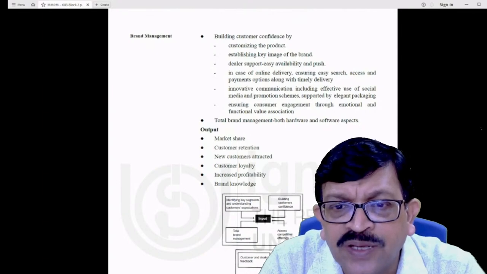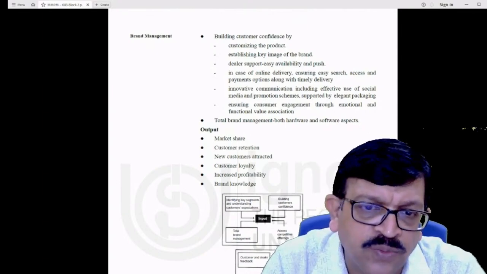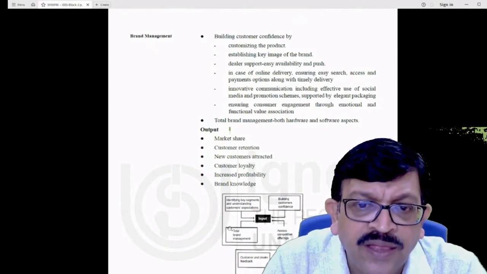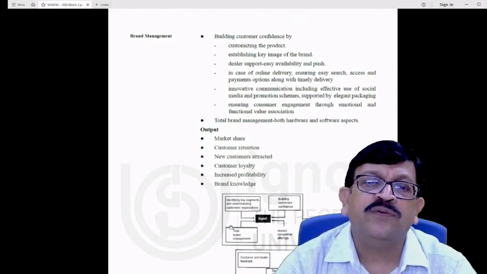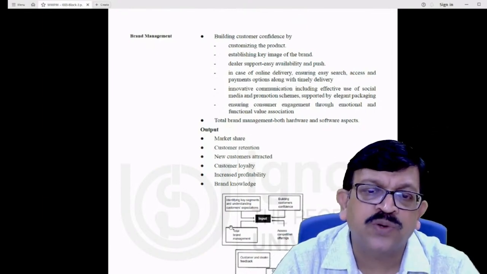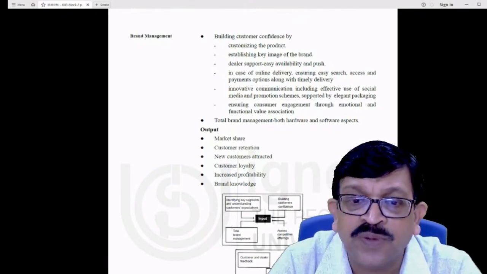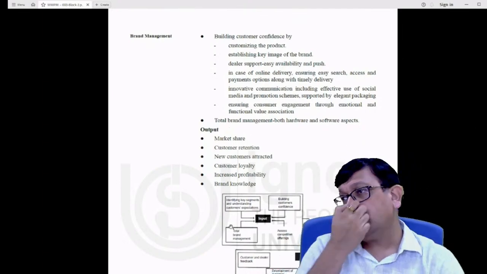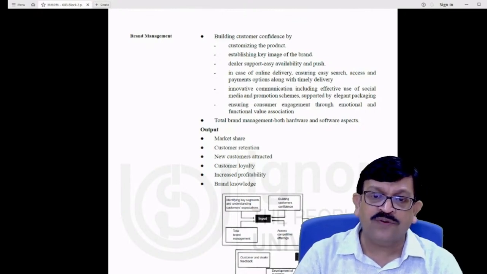Then comes total brand management, where we're talking in terms of the architecture, how to make it available, and how to manage it over a period of time. The output obviously is in terms of marketing: what kind of brand market share it holds, how many customers it has, which markets they are coming from, and how many customers are associating or resonating with the brands being offered.